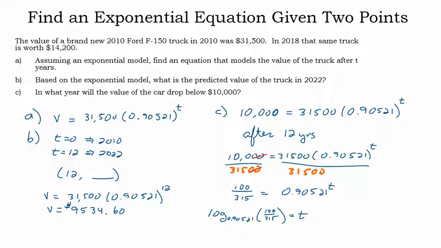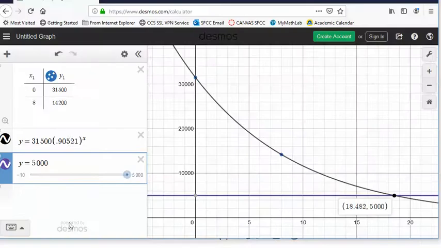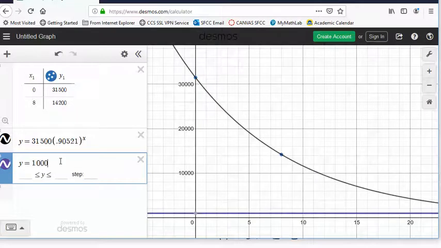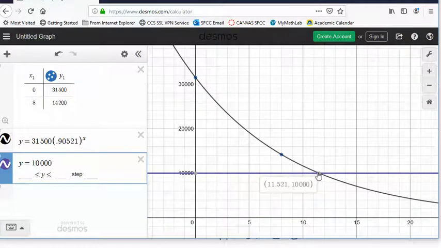So when I put that into my calculator, I get 11.521. All right, that should correspond to what we got over here on our graph when we were doing 10,000. Right here, 11.521. There it is. Perfect. Okay.